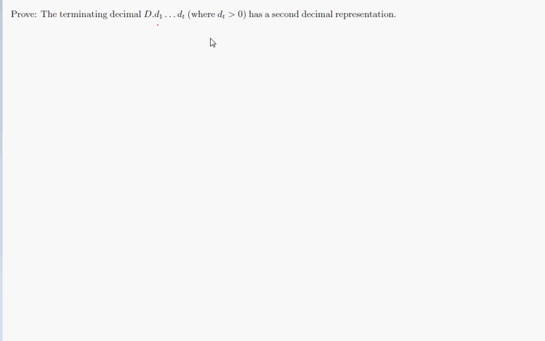The idea is as follows. This is a little scratch work before we start the proof. If x is equal to something that terminates, like 0.74, then x can also be written as 0.739 followed by 9 repeating infinitely many times, which is 0.739 bar.